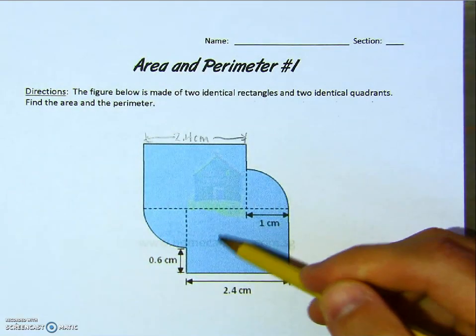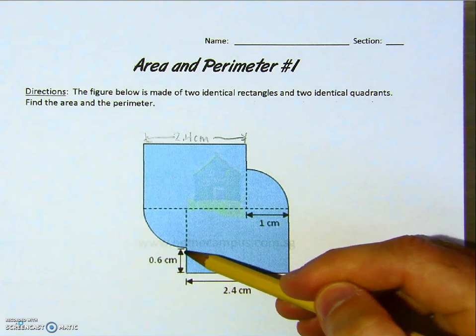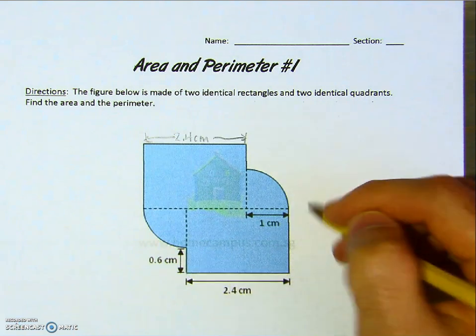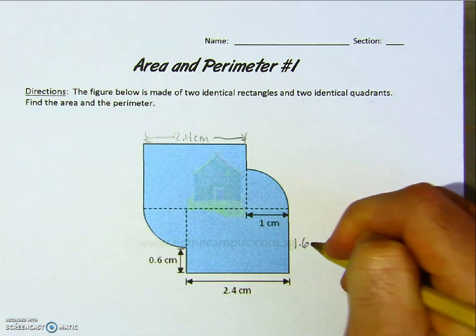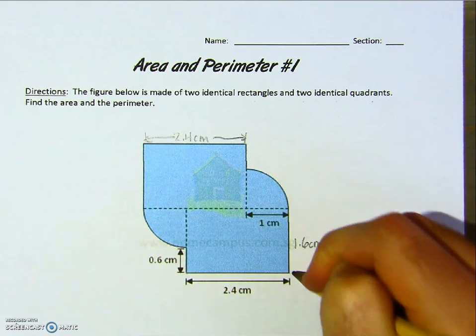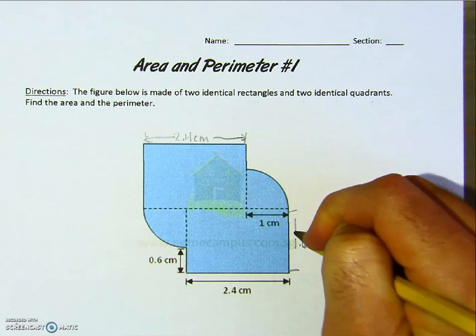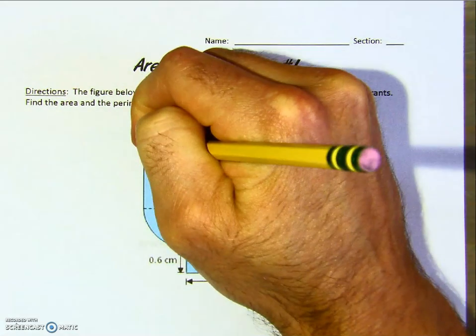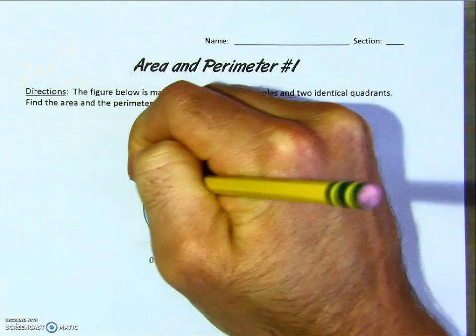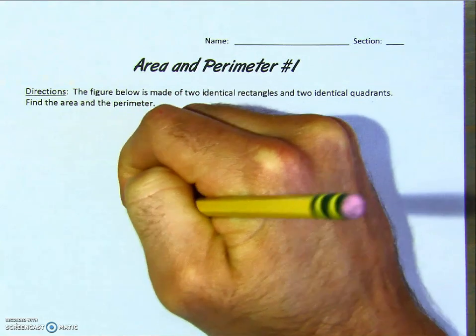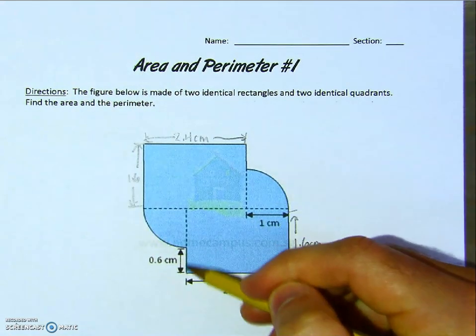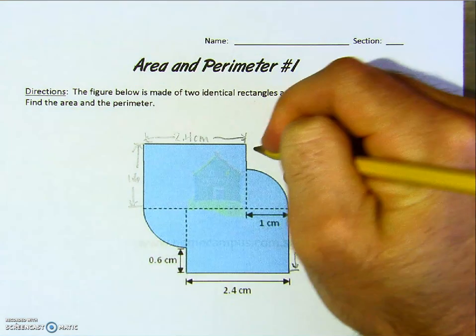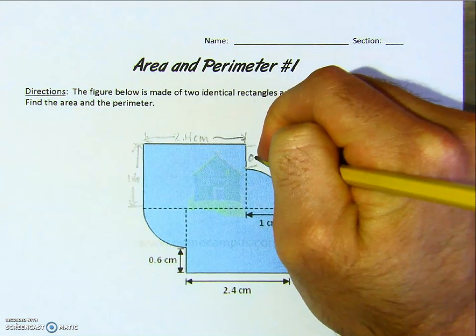We saw in the last video that this had a length of 1 and this was 0.6, so when you add those together, this has a length of 1.6 from here to here, which means that this has a length of 1.6 from here to here. If this has a length of 0.6, that means this has a length of 0.6.